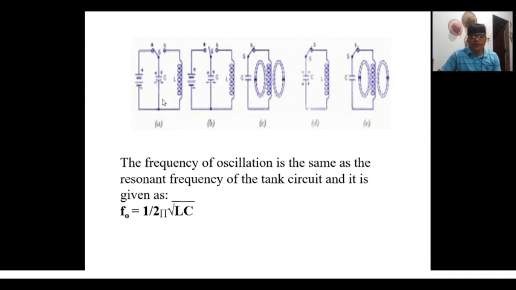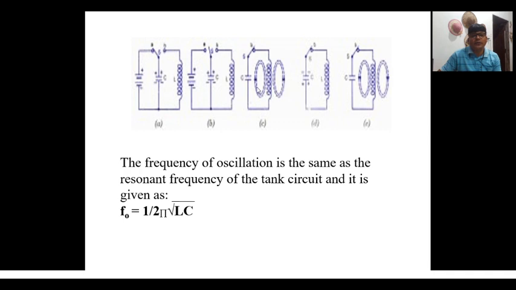Thus there is voltage across the capacitor, and the capacitor has electrostatic energy. Now in figure C, when the switch is closed towards the inductance, the capacitor will discharge through the inductance, and the current will flow as indicated by the arrow.